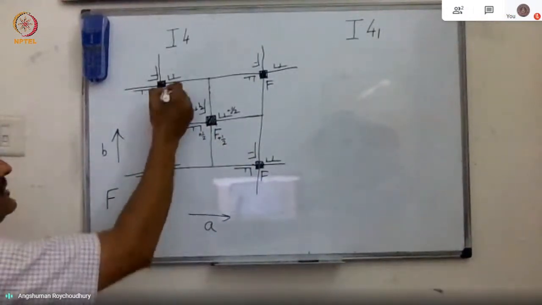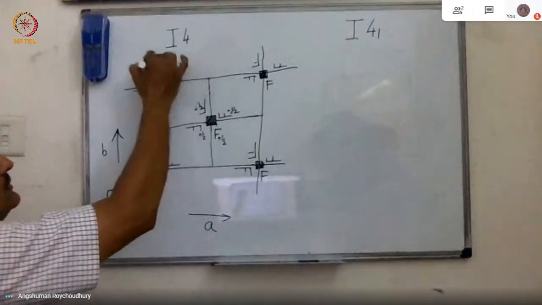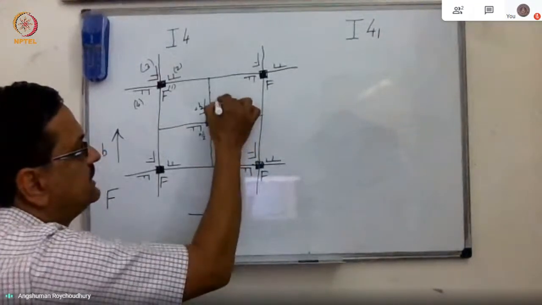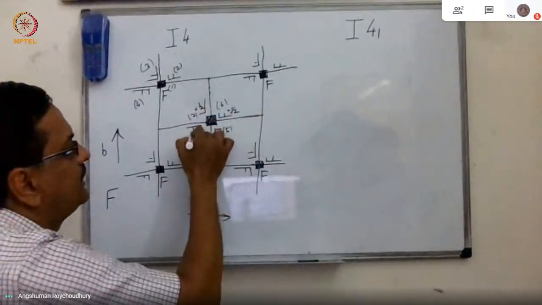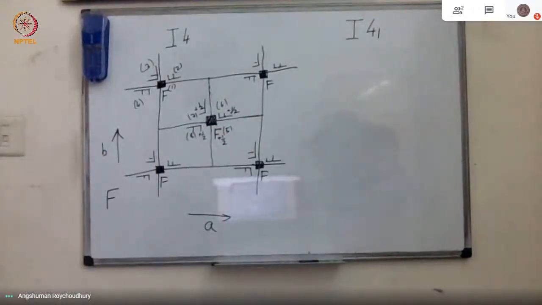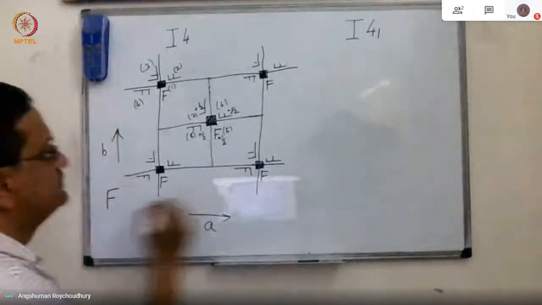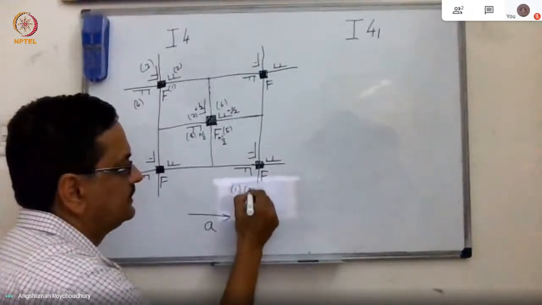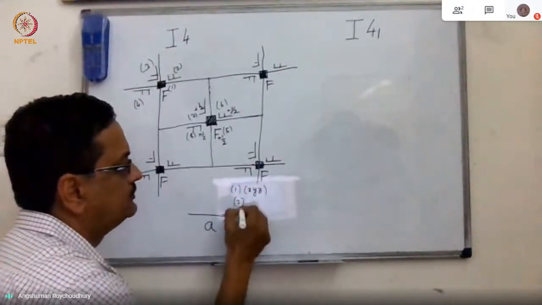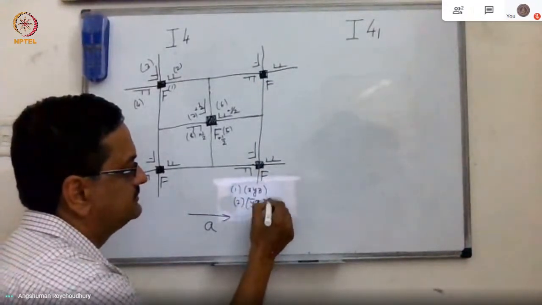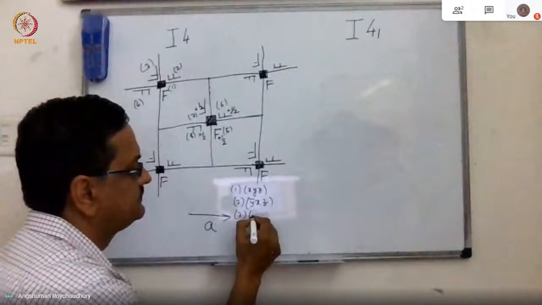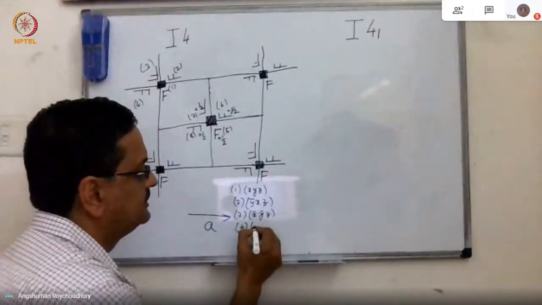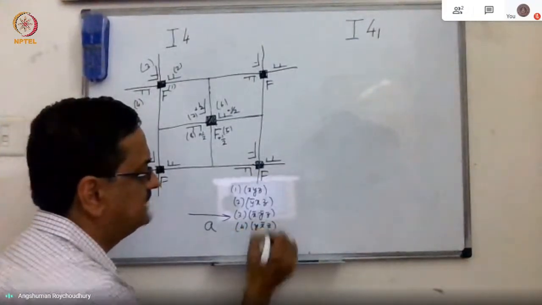If I number these points 1, 2, 3, 4, 5, 6, 7, 8, what would be those equivalent points? 1 is x, y, z; 2 is y bar, x, z; 3 is x bar, y bar, z; and 4 is y, x bar, z.